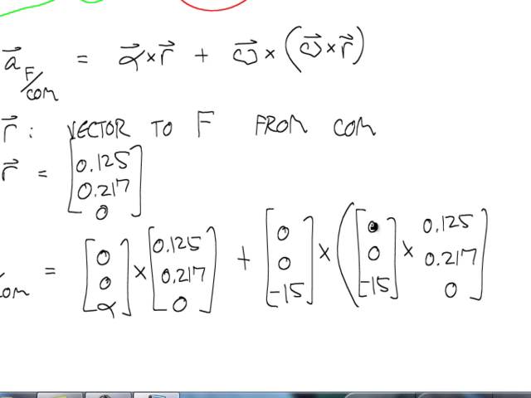This is an equation we're going to use often enough that it would be a good idea to program it in your calculator, where you can enter three vectors, omega, alpha, and r, and it'll calculate this acceleration vector for you.